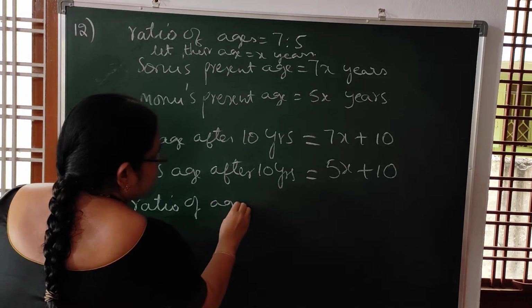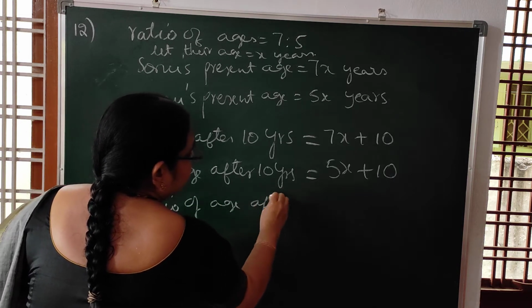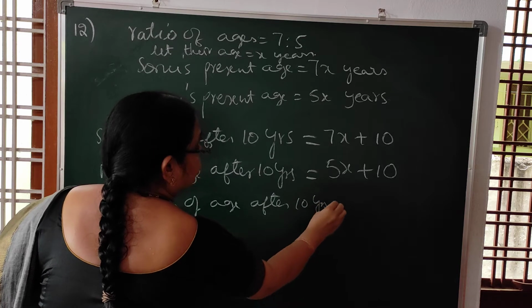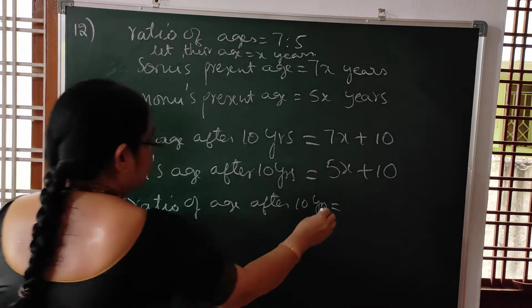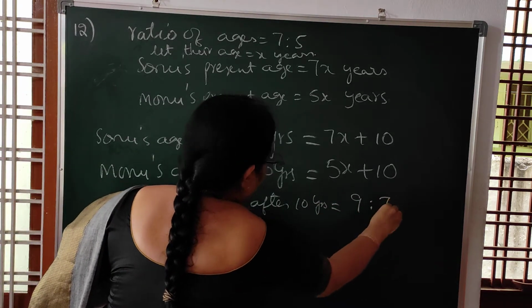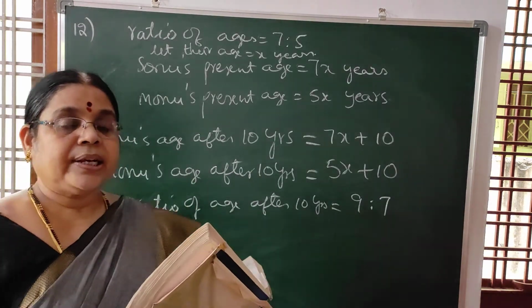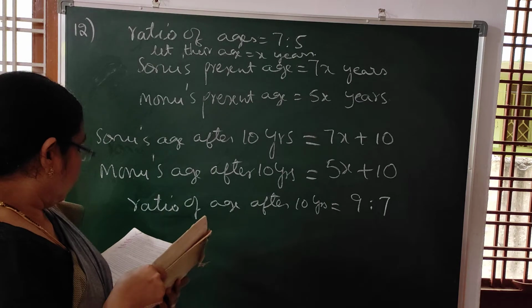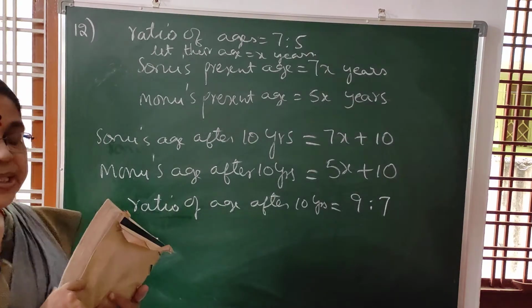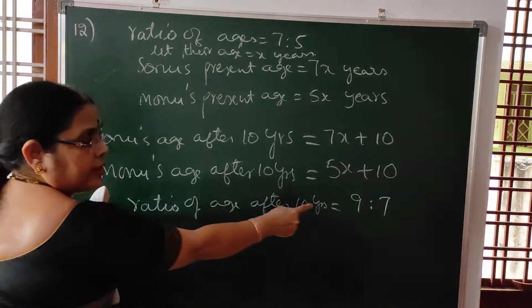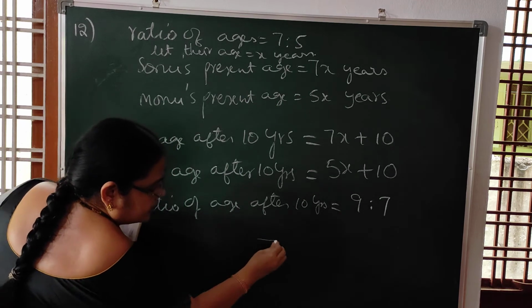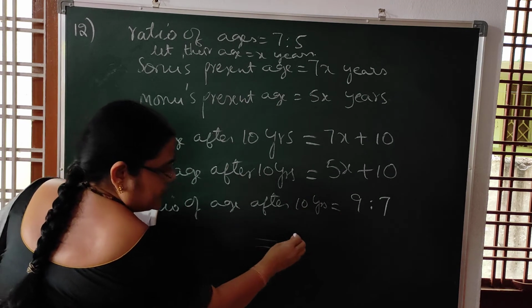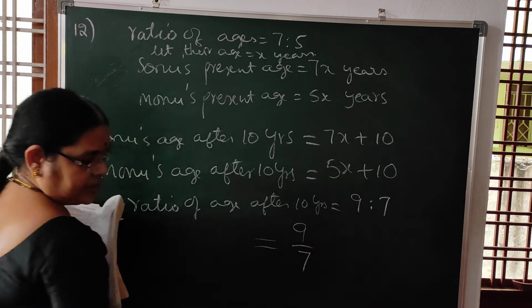It is 9:7. You are asked to find their present ages. Now how to frame the equation? Here the ratio is given. So after 10 years, their ages are in the ratio 9:7.